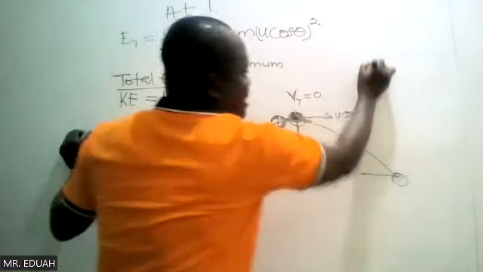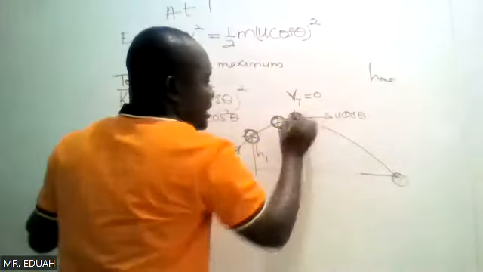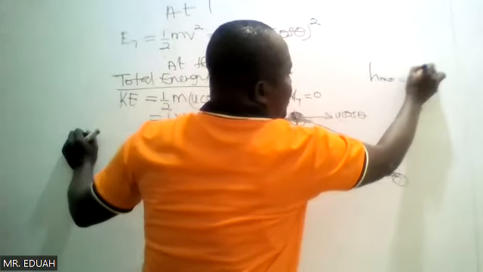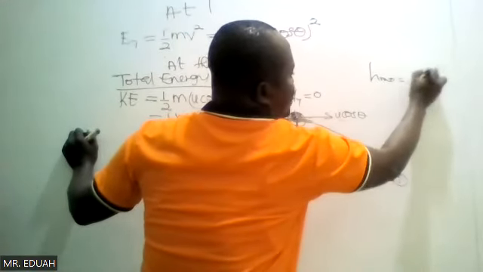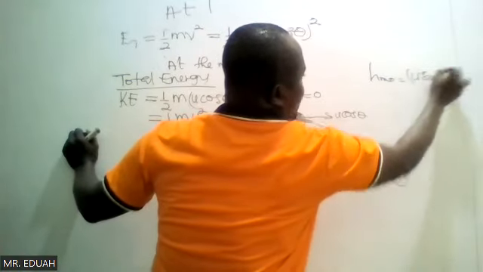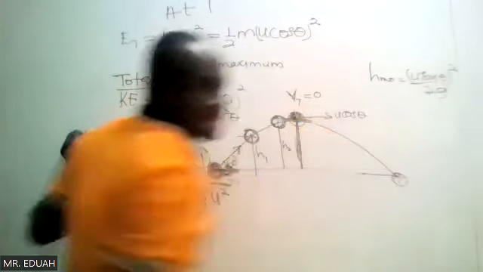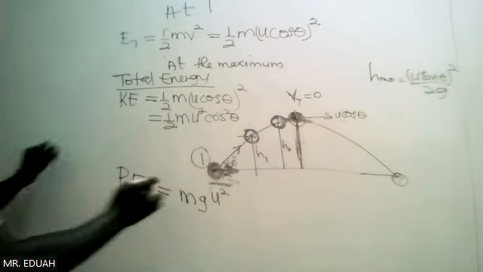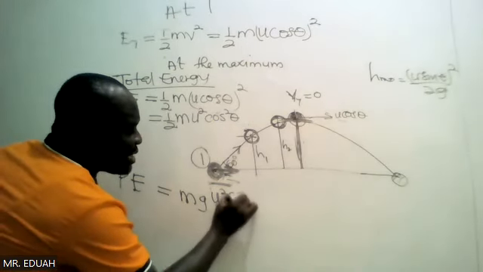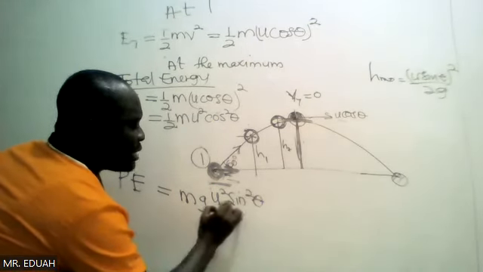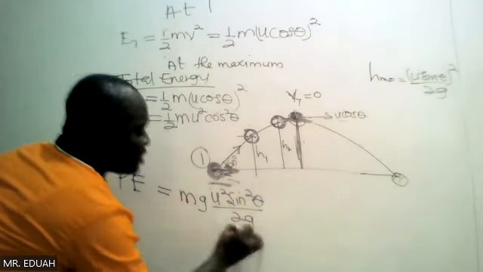Don't forget, H max, the maximum height over here, is equal to u sine theta all squared over 2g, isn't it? So u squared sine squared theta divided by 2g.